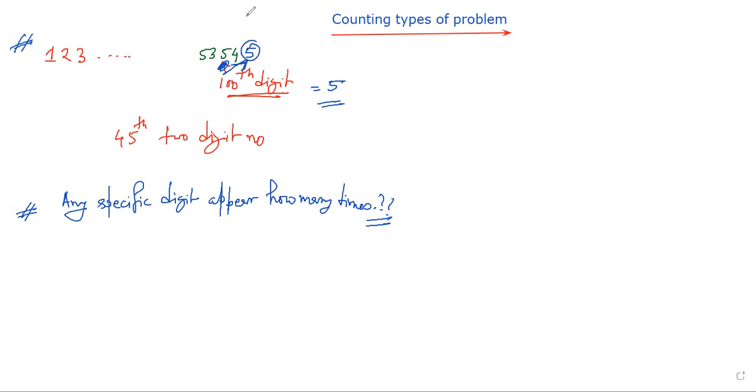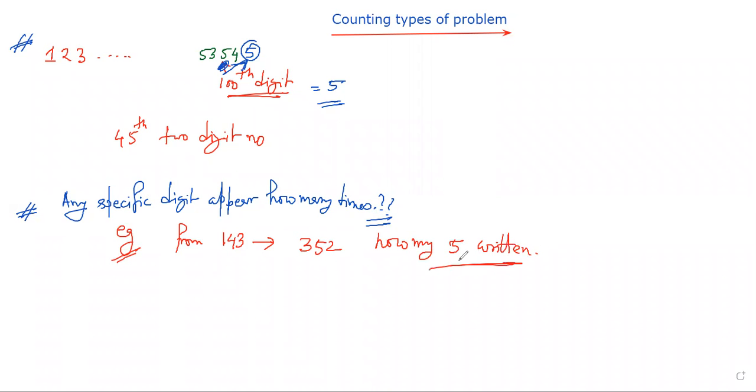We will try to identify this type example-wise. Let us take from 143 till 352, how many 5s are written?